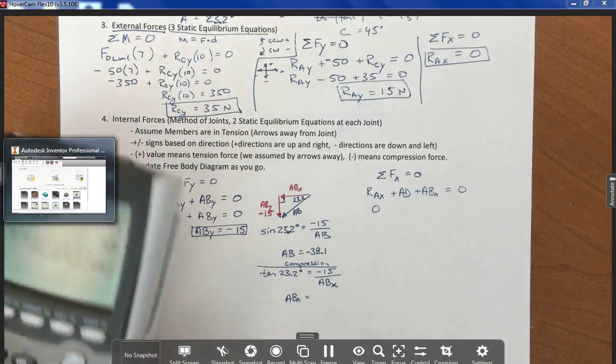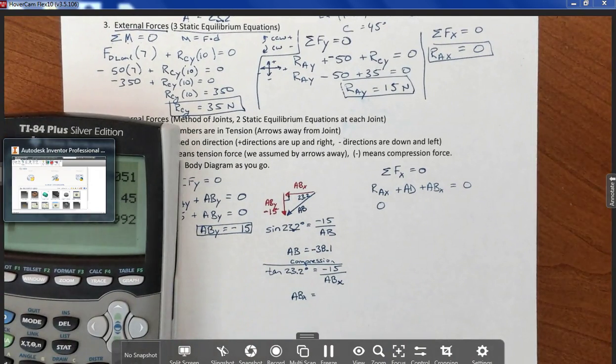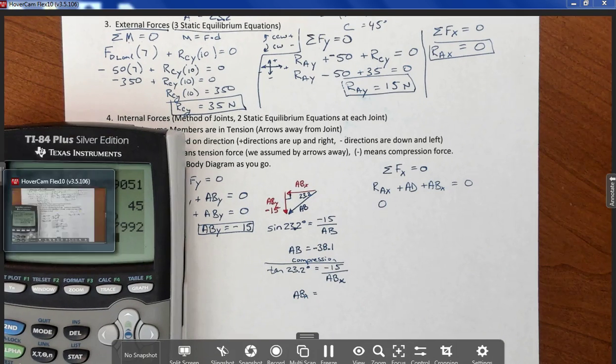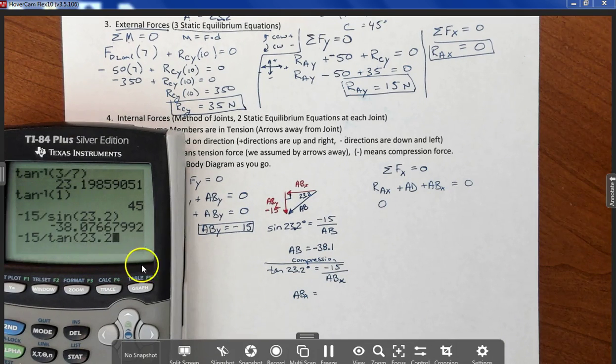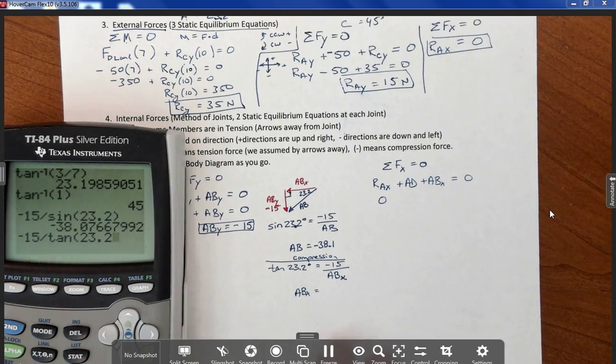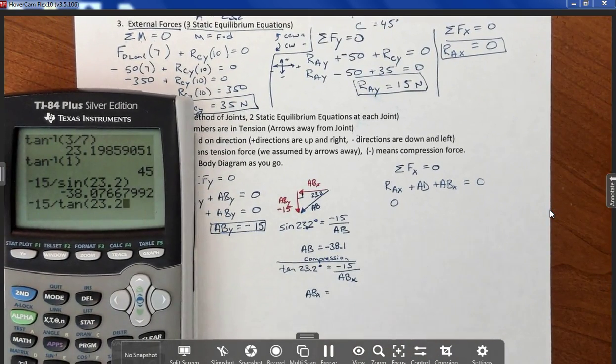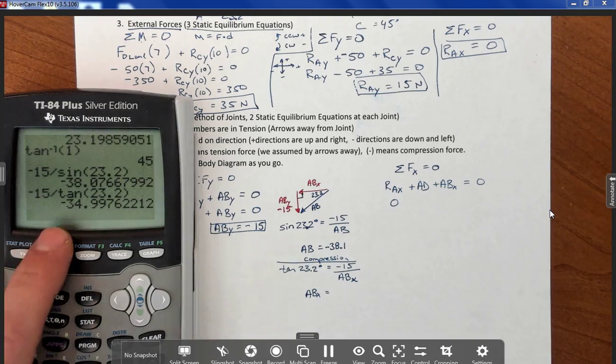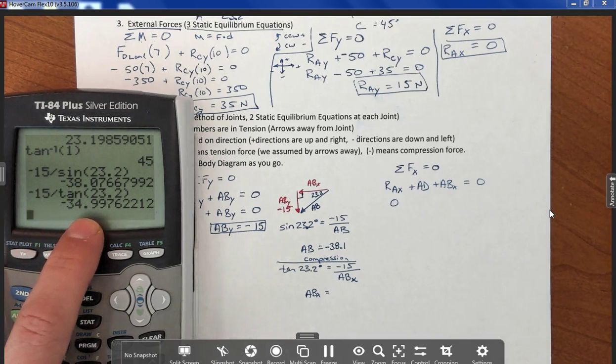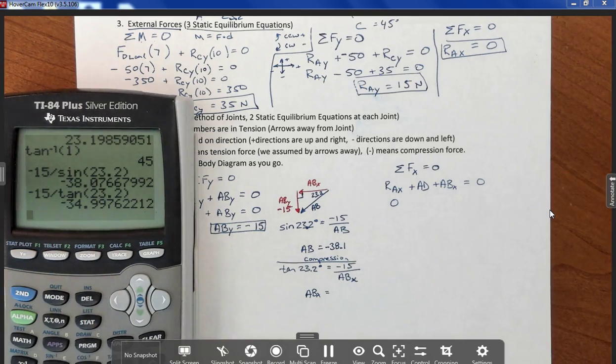And so what I end up with is negative 15 divided by the tangent of 23.2. Sorry, I moved my mouse into place that my screen's getting covered. Okay, so negative 15 divided by that, and I get negative 34.99. So basically negative 35, right?